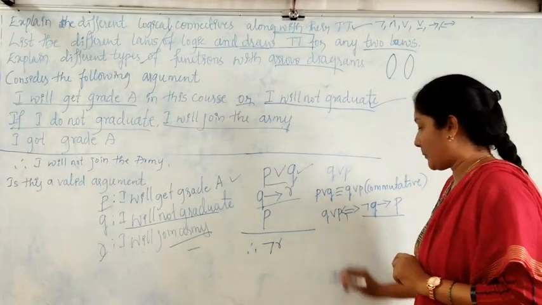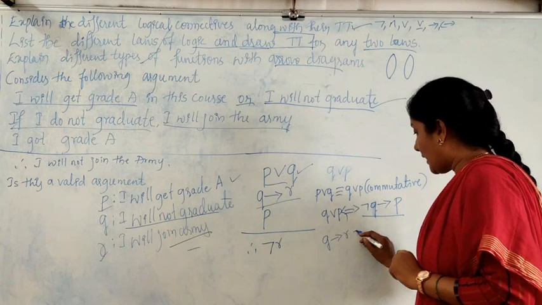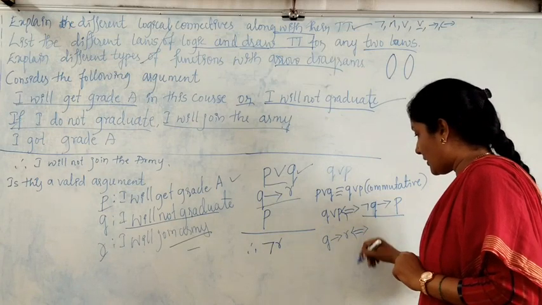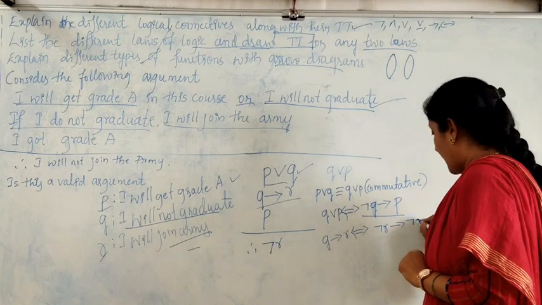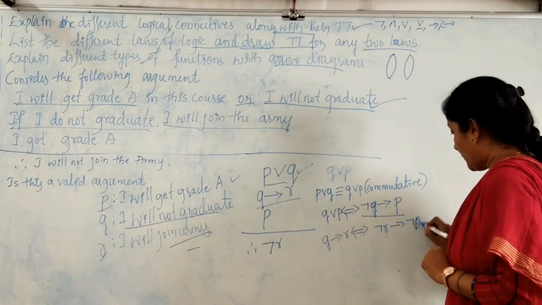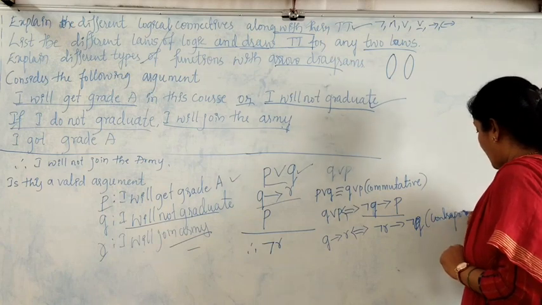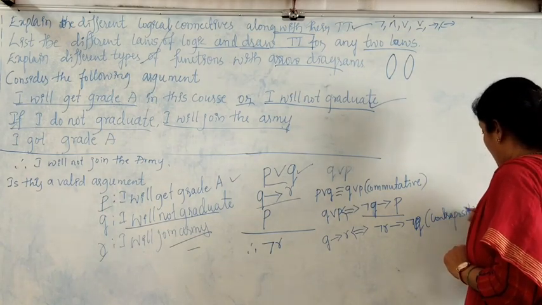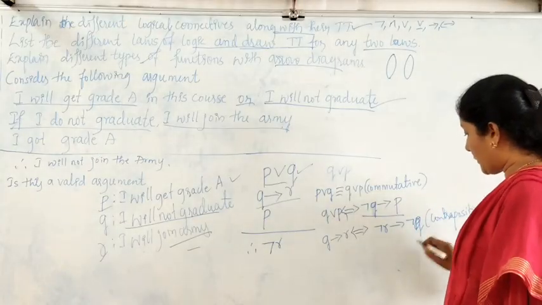Now, coming to here, Q conditional R is logically equivalent to negation of R conditional negation of Q using the contrapositive rule. What is this contrapositive rule?